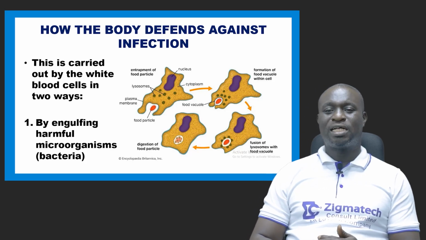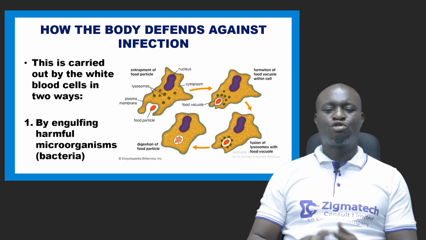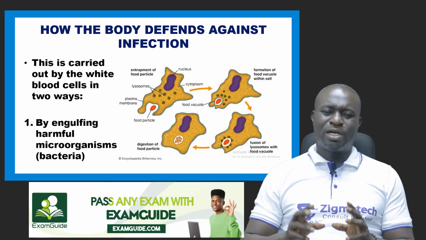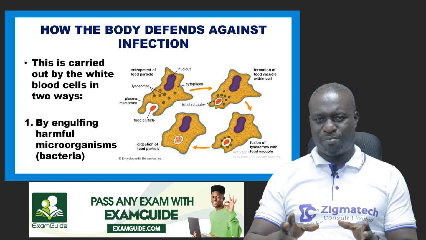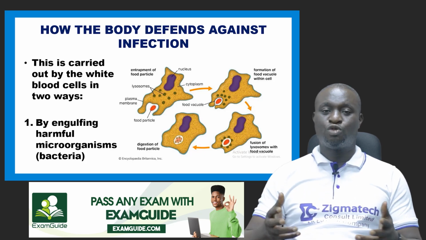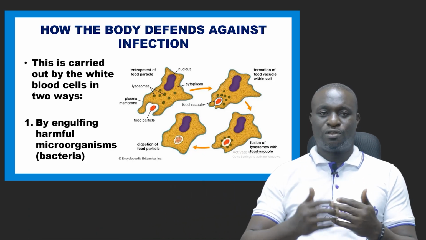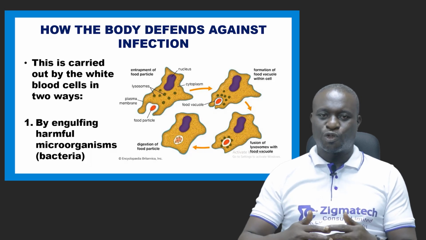And the white blood cells carry out defense of the body in two ways. One is by engulfing. If you look at the structure of the white blood cells, it is amoeboid in shape. It means it also has pseudopodia, and whatever function the amoeba exhibits, it can also exhibit.